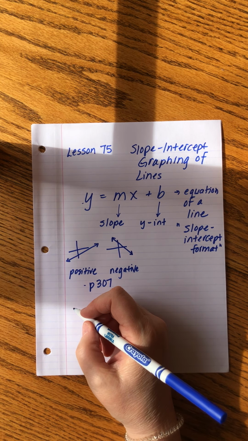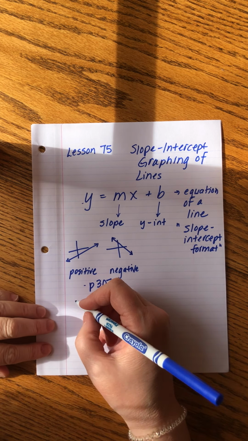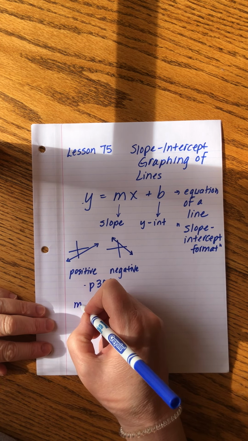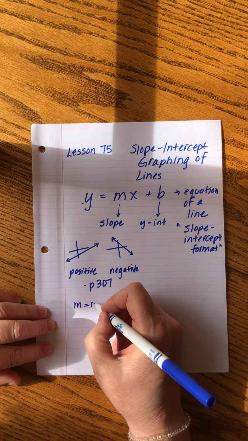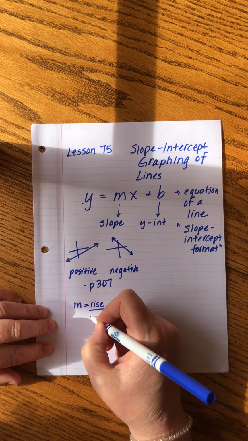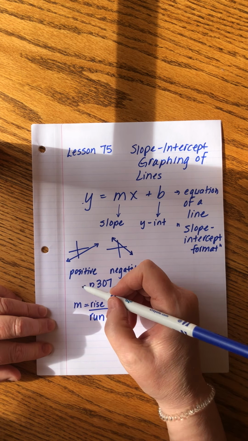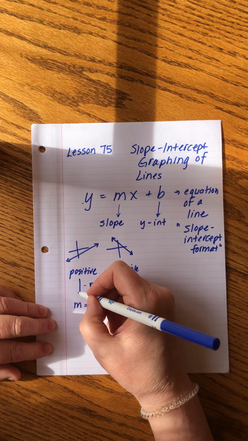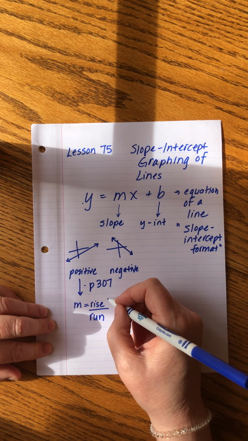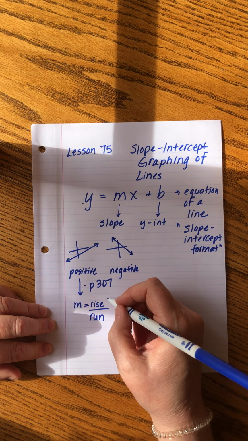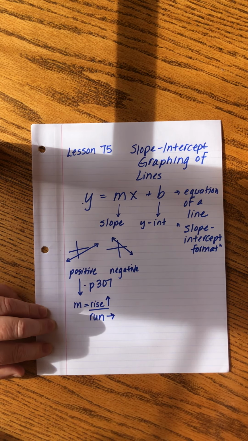Now, the slope is written, again, we use m as shorthand for the slope. And if it's a positive slope, we call it the rise over the run. Okay, and again, this is for positive slopes. When we measure the slope, and we'll do this in a minute, you'll see, now this I'm pretty sure we've done. The rise is up and the run is to the right.